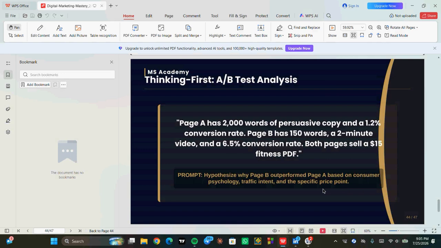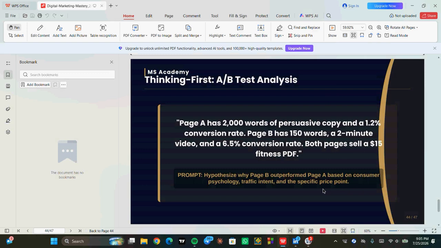Now, when page A has 2,000 words of persuasive copy with a 1.2% conversion rate, and page B has 150 words, a 2 minute video, and a 6.5% conversion rate, the fact that both of them sell a $15 fitness PDF, page B would most likely get more customers than page A.